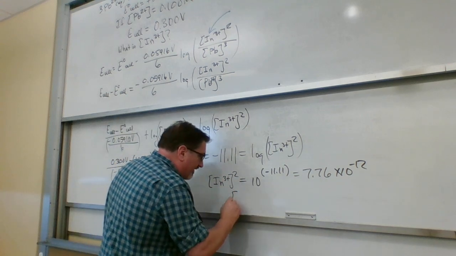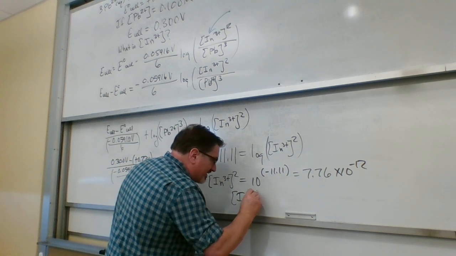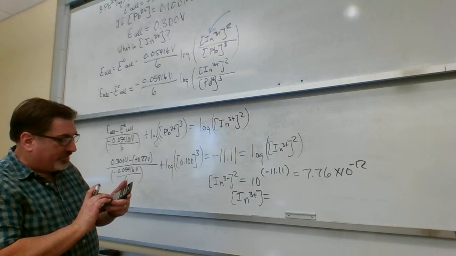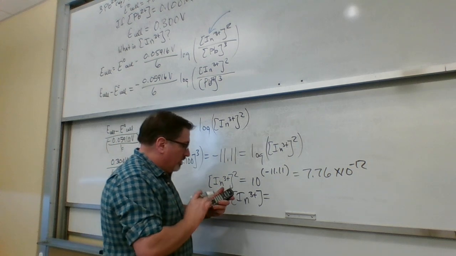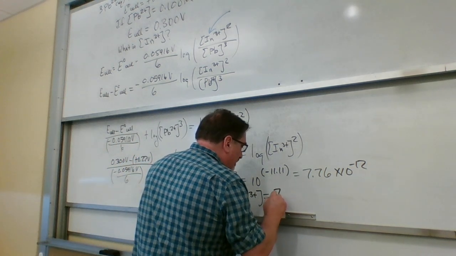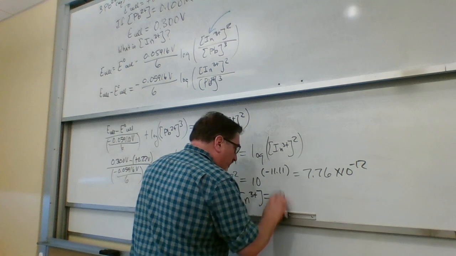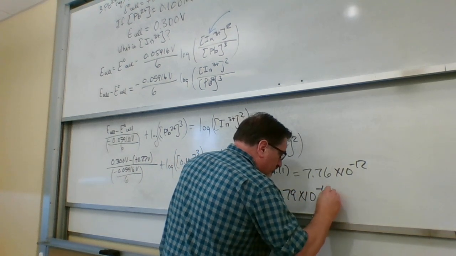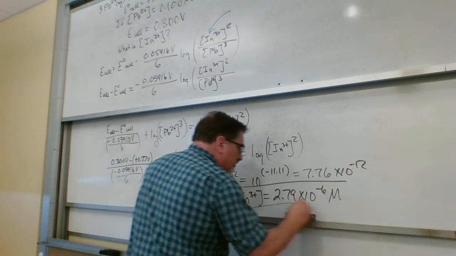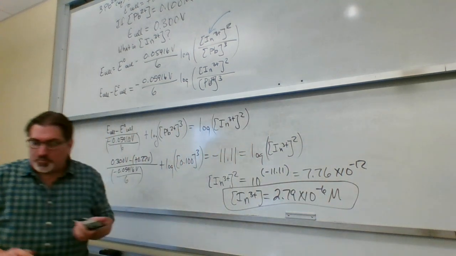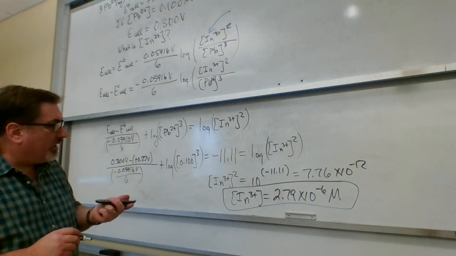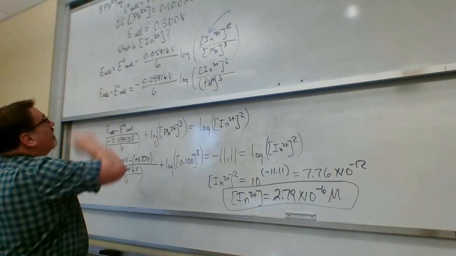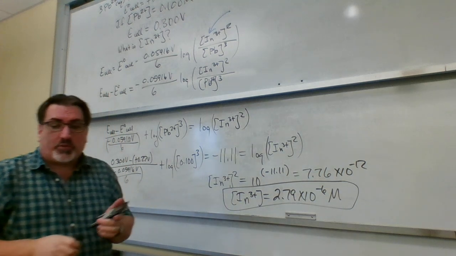So the concentration of In3+ that's necessary is equal to the square root of that number. So the square root of what's on my screen, 2.79 times 10 to the minus 6 molar. So at an indium concentration of 2.79 times 10 to the minus 6 molar, and a lead concentration of 0.1 molar, E cell will be 0.3 volts.